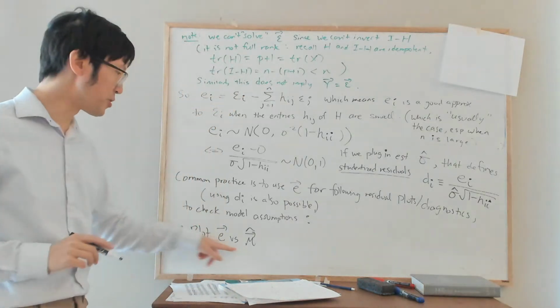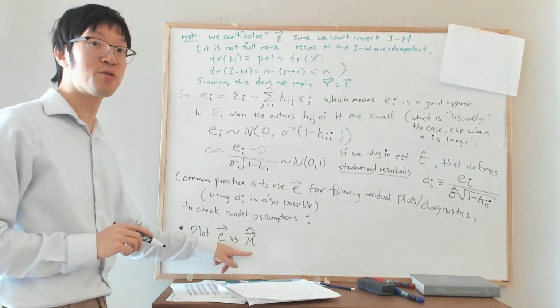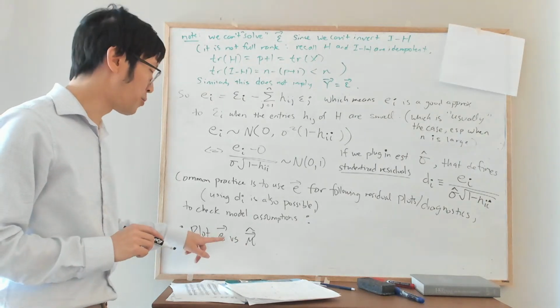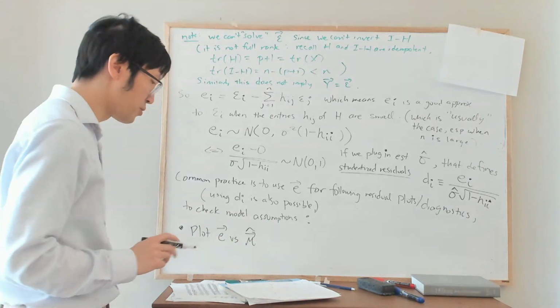This should look familiar because I asked you to look at the joint distribution of the residual vector and the vector of fitted values on your last assignment.